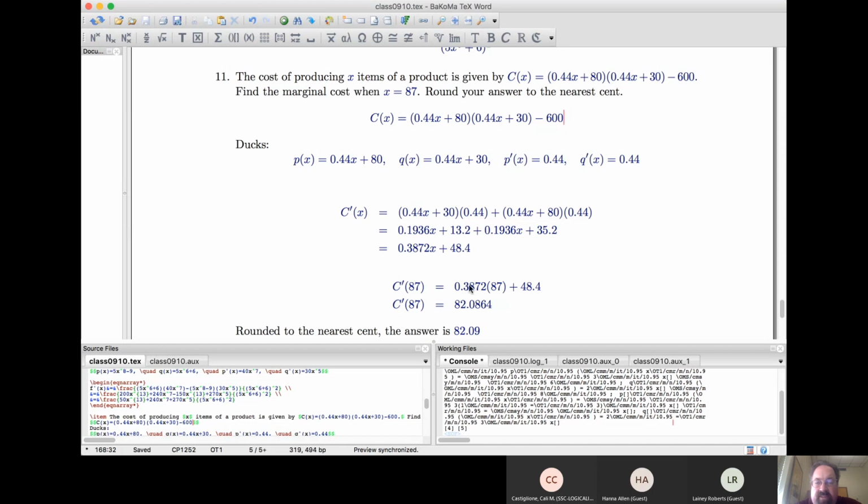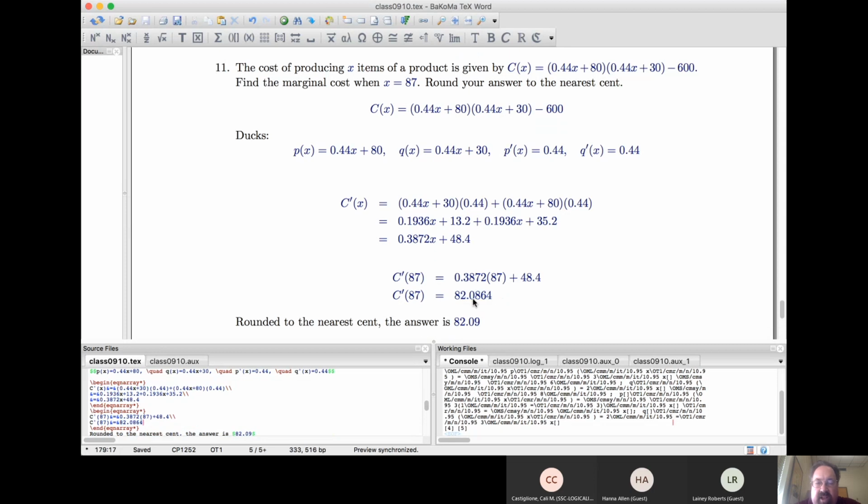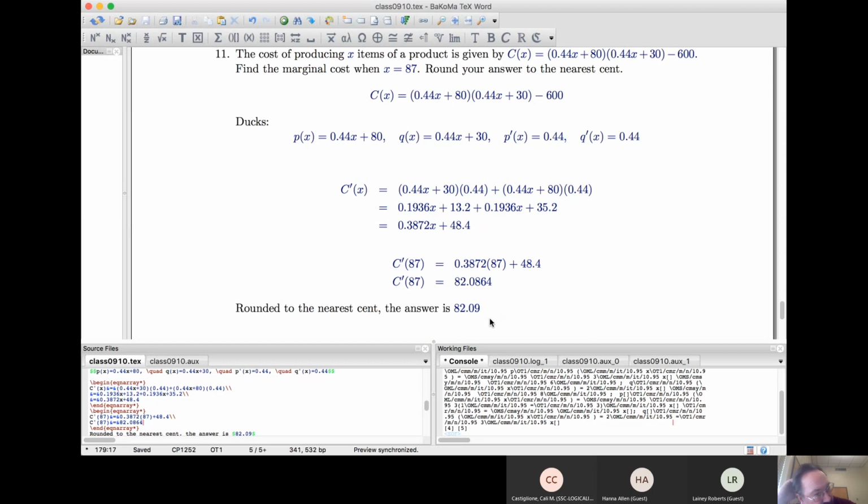So when I've carried this out, I'll do this on the calculator. Your calculator, of course, will give you more decimal places. So this is what we have to 4 decimal places, which is a good guideline. We round to the nearest cent. So 2 decimal places, that'd be 82.09 for the result that you would actually enter.